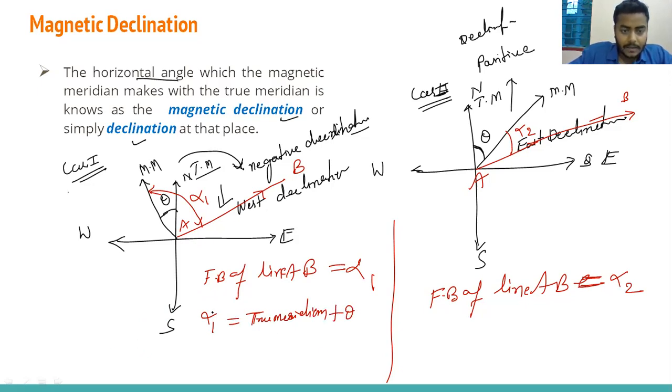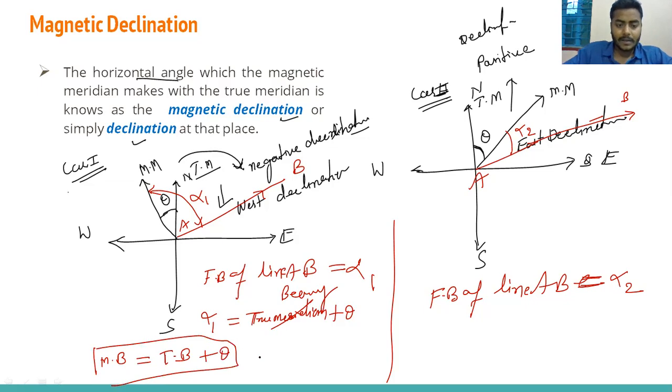What is this? Alpha 1 is the magnetic meridian. Sorry, not meridian, this is the bearing, because now we are writing in terms of angle. So we can call it magnetic bearing is equal to true bearing plus theta.